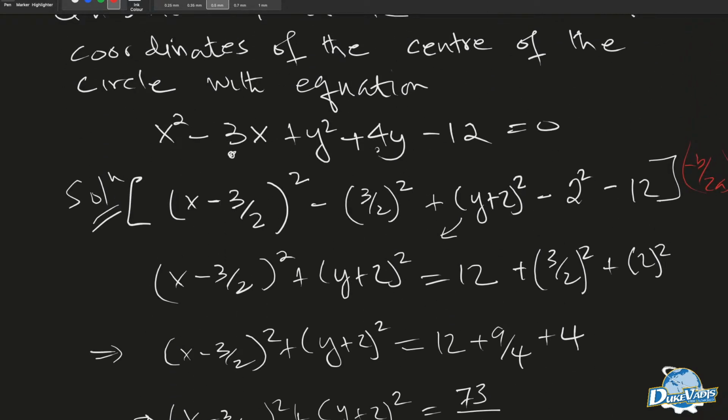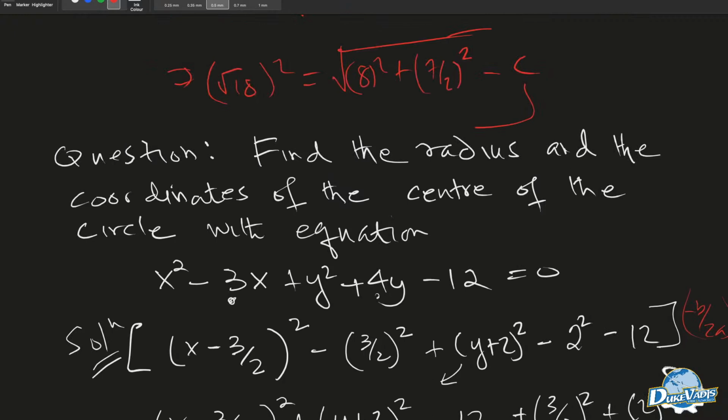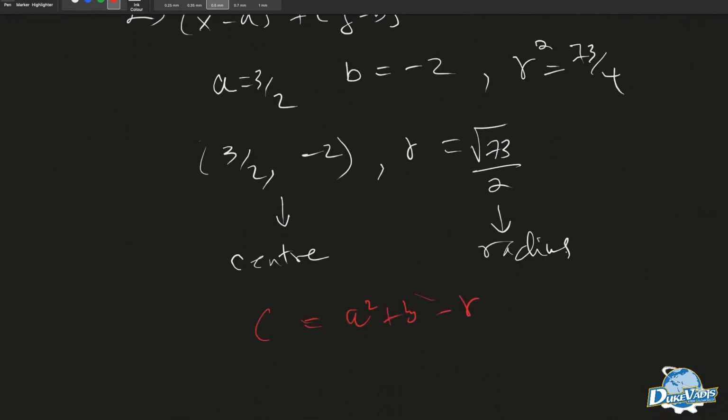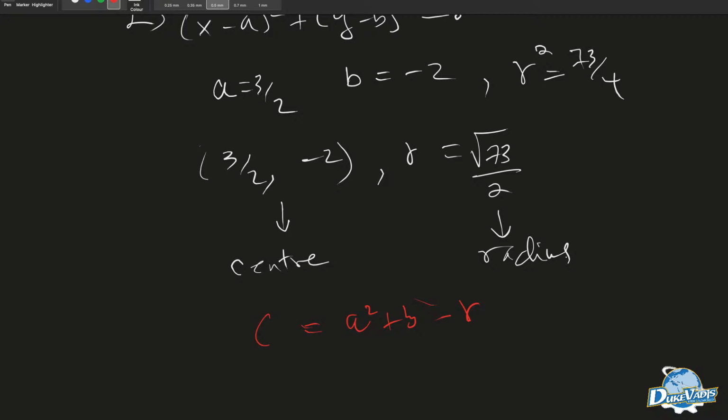So this is one example. Let's see if we can solve one more before we finish for the day. Okay, so now let's go down and see how we can solve a similar one. I hope this is not anything difficult.